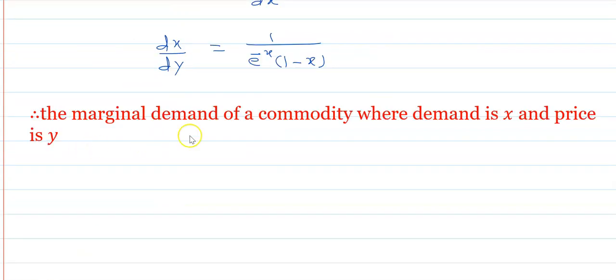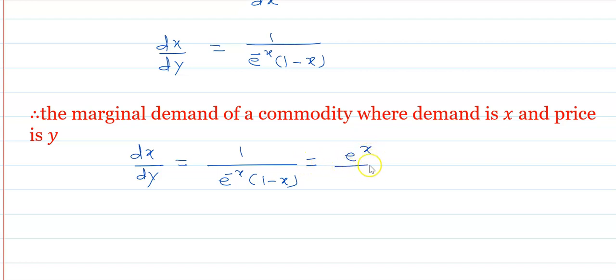Okay. Therefore, the marginal demand of the commodity, where the demand is x and the price is y, dx upon dy, is equal to 1 upon e raised to minus x in bracket 1 minus x, or it can also be written as e raised to x upon 1 minus x.